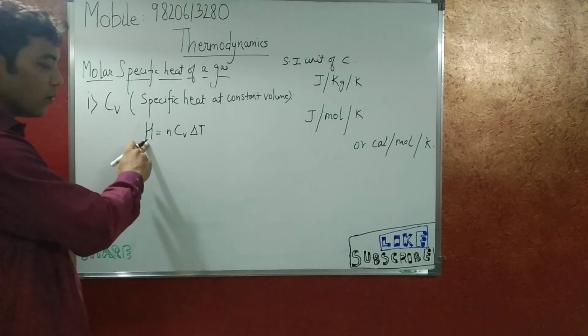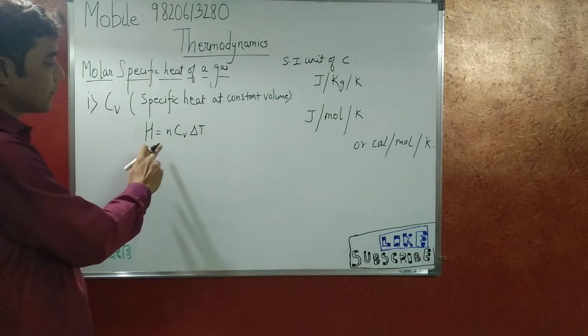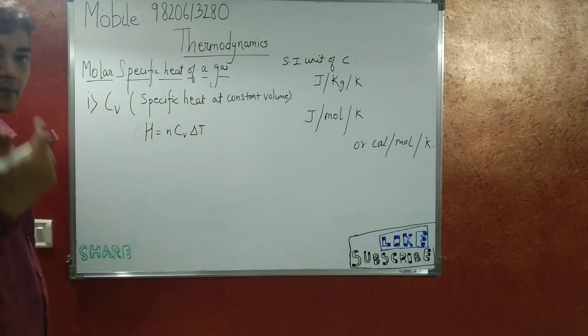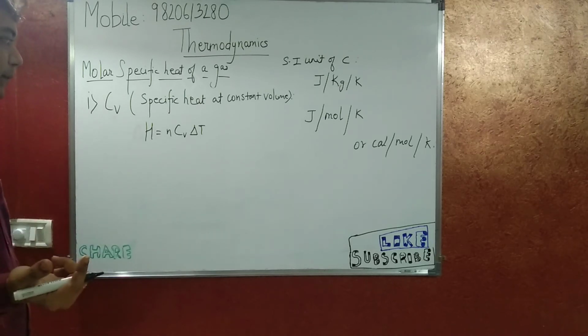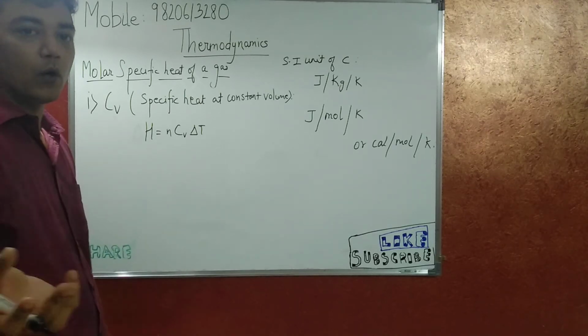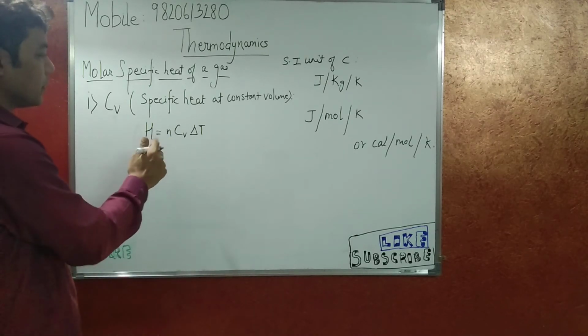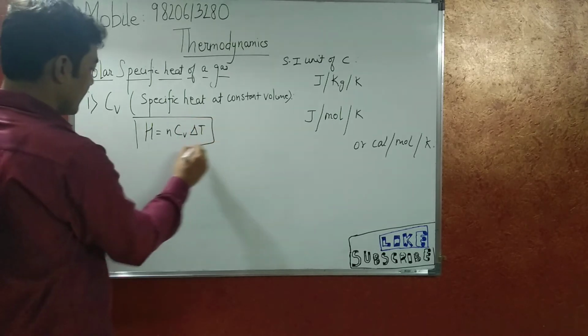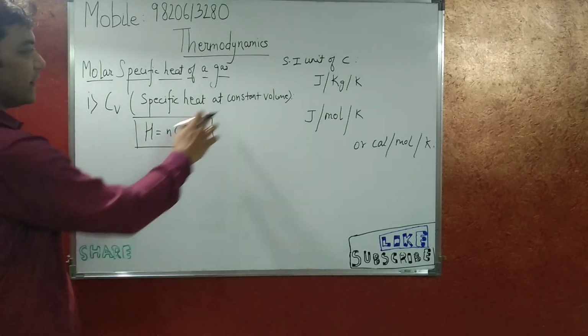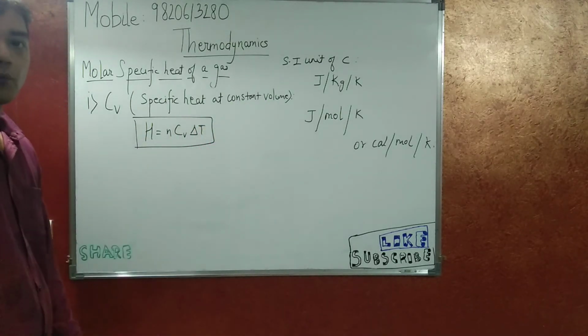It is the amount of heat required to raise the temperature of 1 mole of a gas through 1 Kelvin. But if we consider n moles of a gas, then we write n over here.